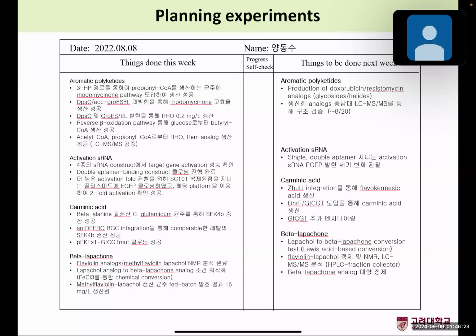Depending on research themes, I have been performing 4 different projects at the same time. So I write down some of the things that I have done and also my plans for next week. And I also set up deadlines. It's not written everywhere, but I also set up deadlines.